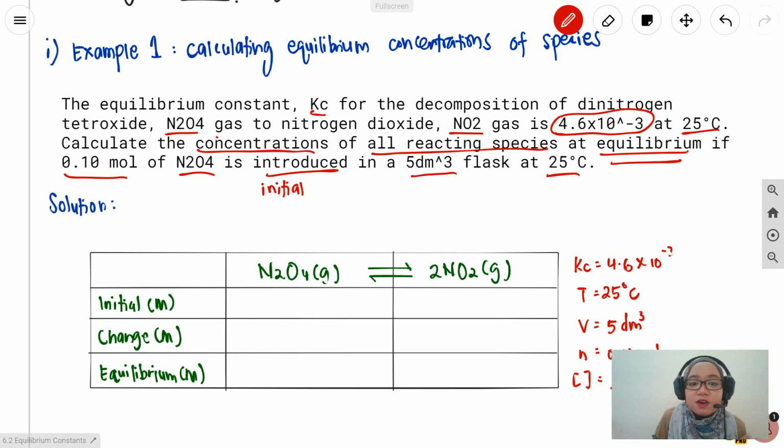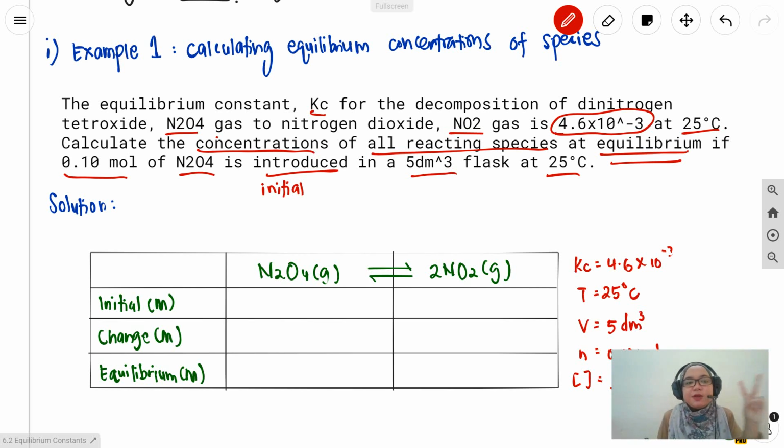So N2O4 gas decomposes into 2 moles of nitrogen dioxide gas. So you write the chemical equation, then you draw the ICE table like this. The ICE table must consist of initial, change and equilibrium, in unit molar, mole per decimeter cube, or the capital letter M.